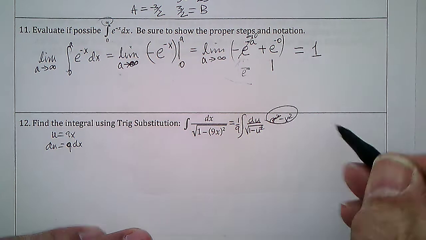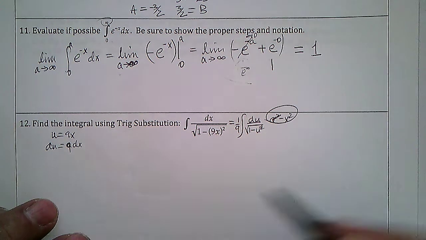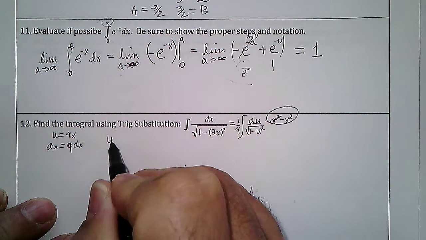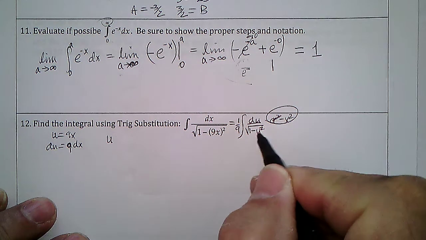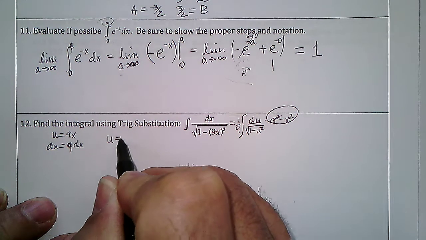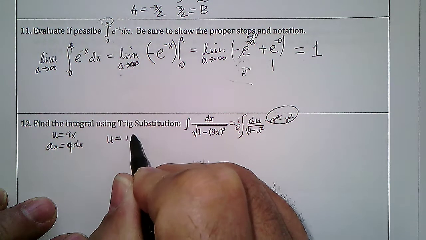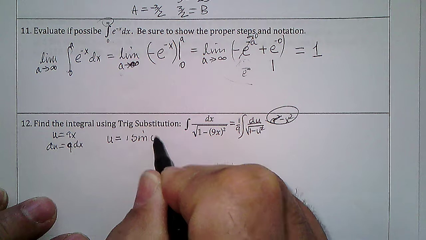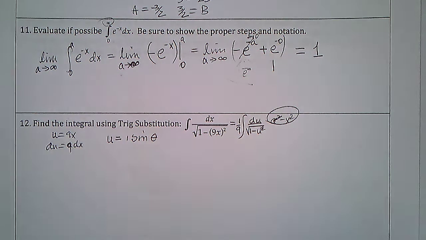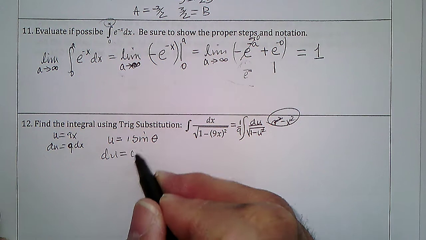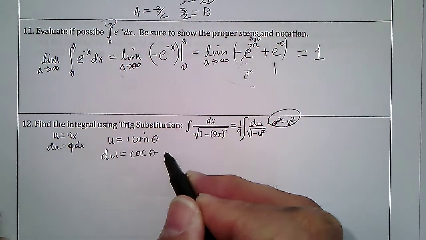So it's an a squared minus x squared look. When it has that, we do u, or x, but now it's u, equals a, which is 1, sine of an angle. Figure out du would be cosine of the angle d theta.